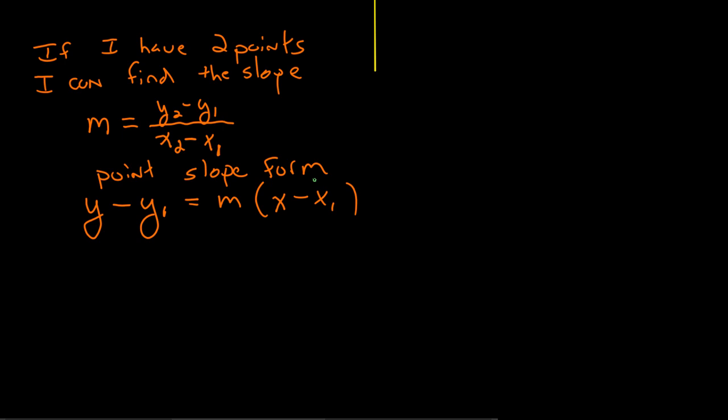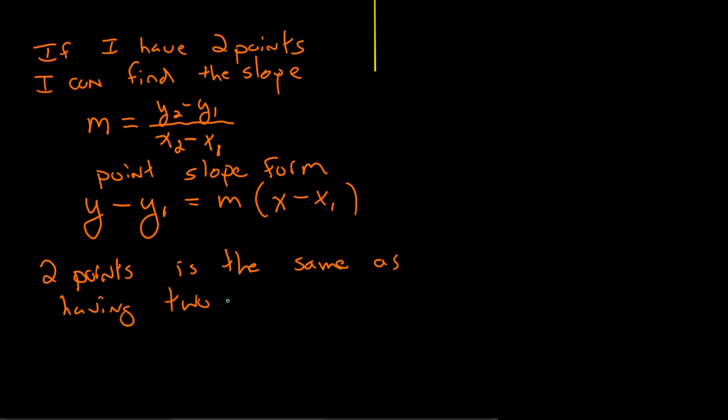The thing to note is 2 points is the same as having 2 pieces of data. And I'm going to use the 2 pieces of data example to use the point slope equation and to use it to show how we would actually solve a word problem with that.